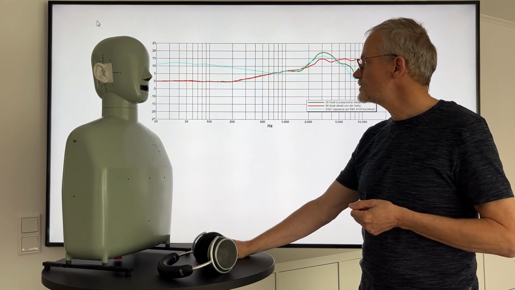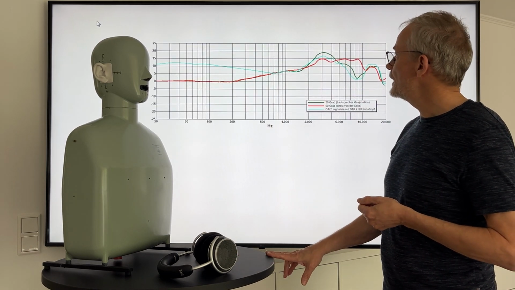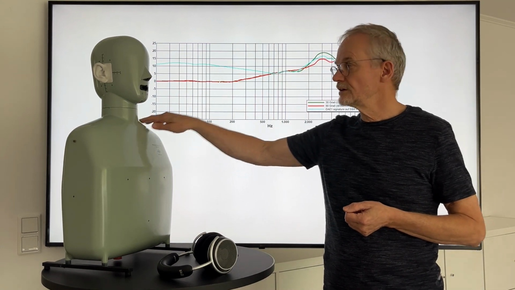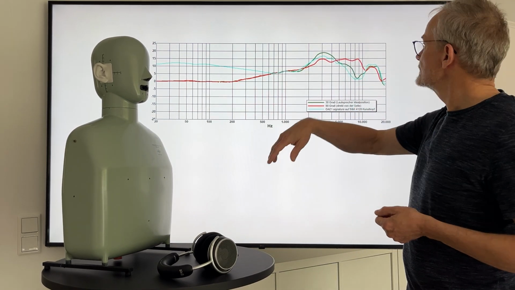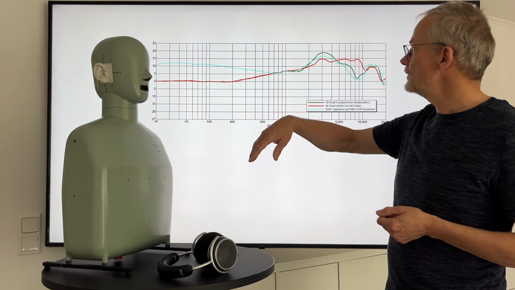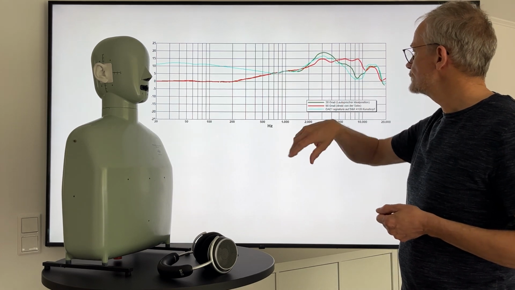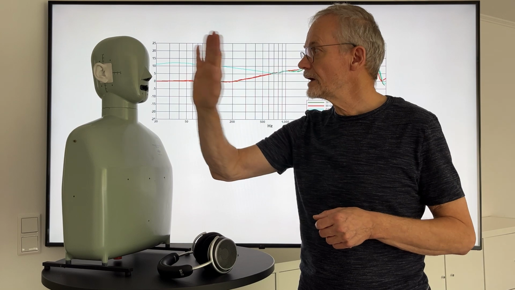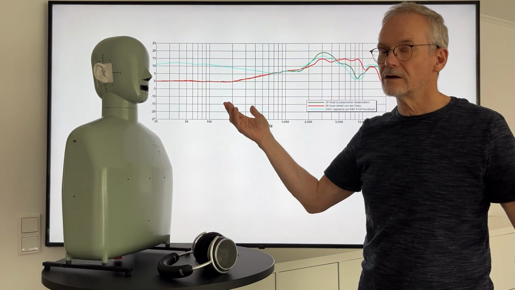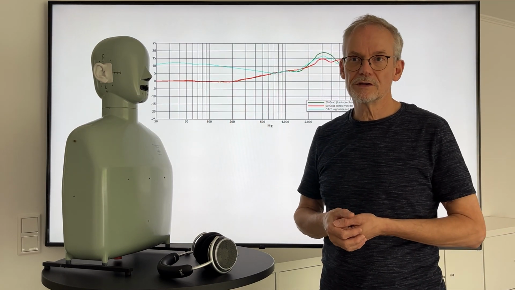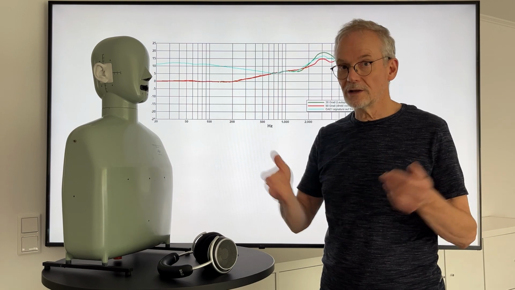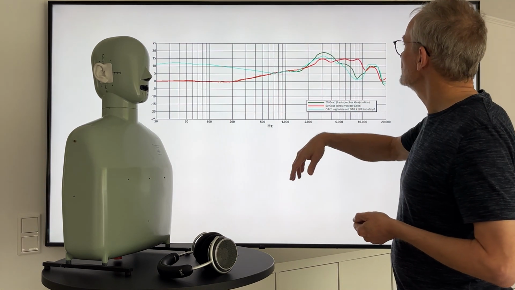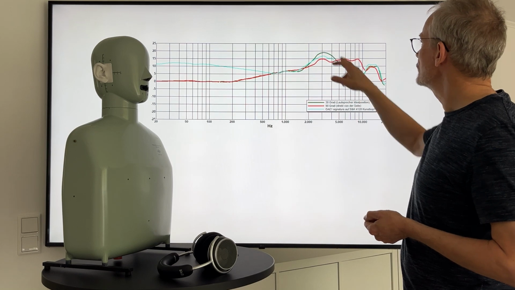On the next picture you can see the frequency responses of exactly that dummy head in a flat sound field. The green curve shows the frequency response for the 30-degree angle. This is the ideal position for a loudspeaker when you're listening to loudspeakers.